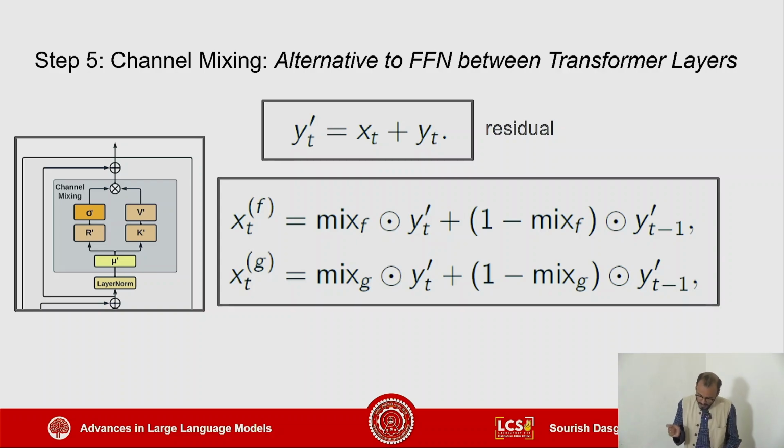The first mixing is for applying yet another forget gate, and the second mixing is yet another update gate, right? So you get two different versions of Y prime T. I just named it XT, but I should have named it YTF and YTG, but it's okay, fine.